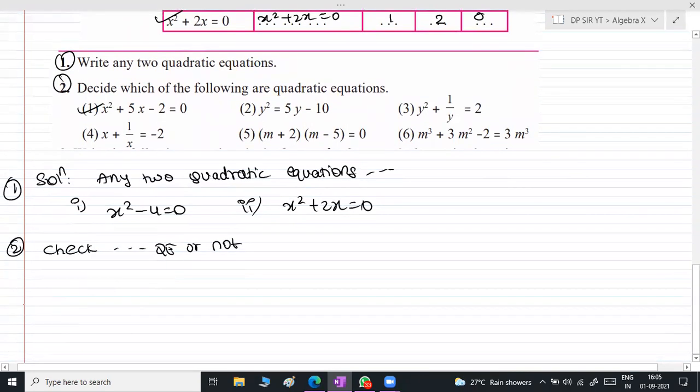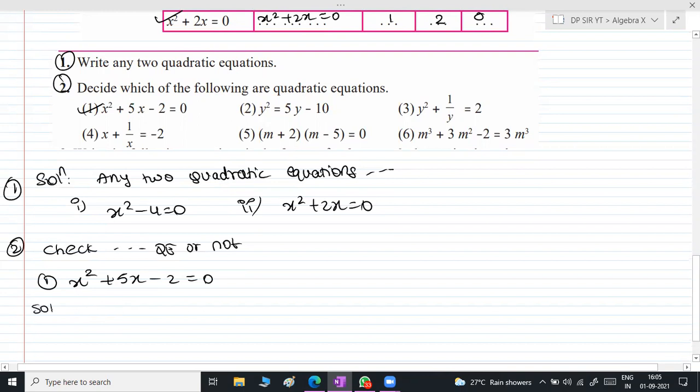First one, that is x square plus 5x minus 2 is equal to 0. See this, everything I'm not going to solve. There are certain things you should also try. So x square plus 5x minus 2 is equal to 0. And here the maximum power, the degree, is 2, isn't it? So note this, and x is the only variable.